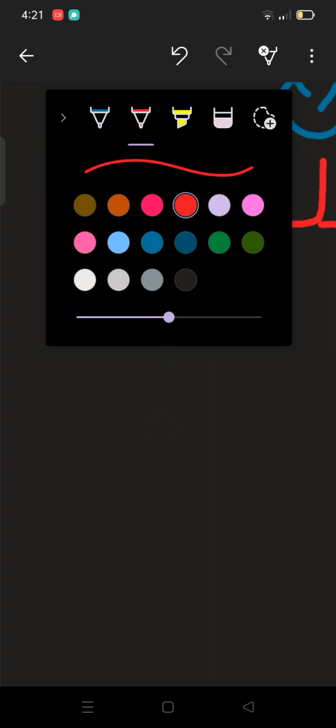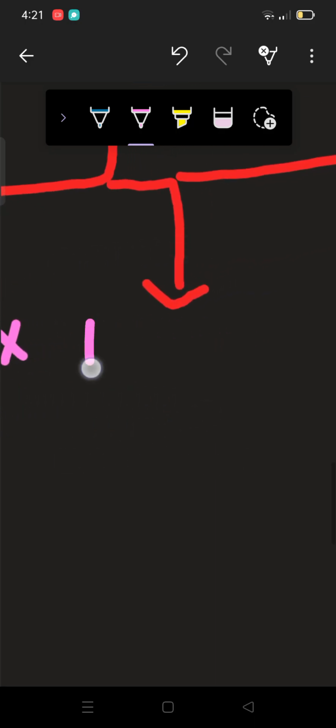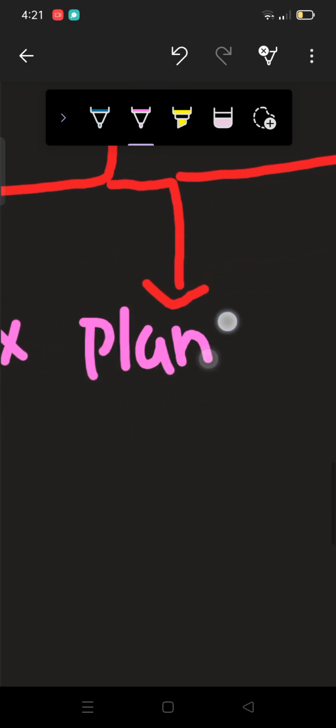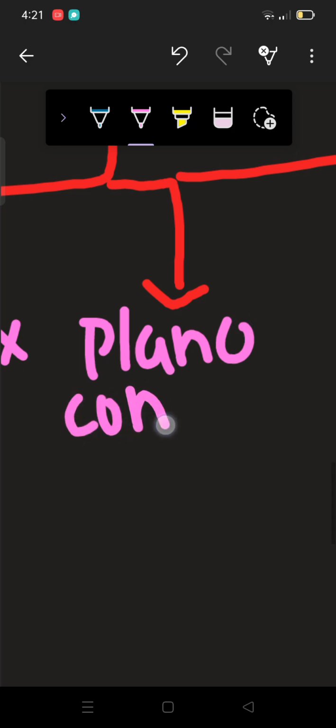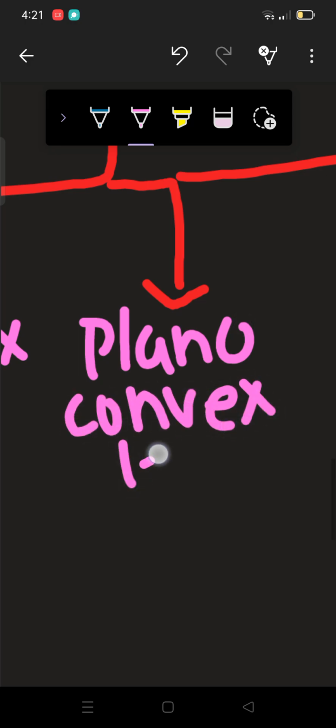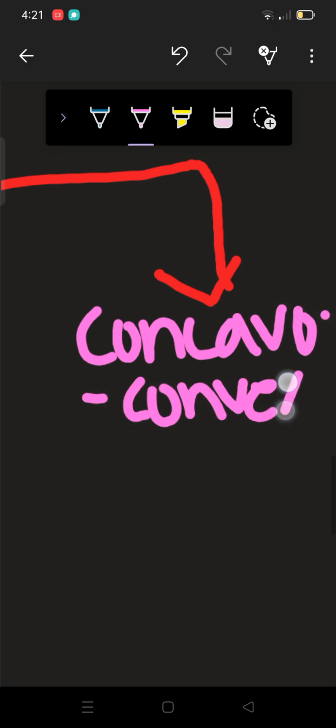Initially I'm going to write the names, and I'll explain what these actually are. Biconvex lens. Then we have plano-convex lens. And then we have concavo-convex lens. Alright.